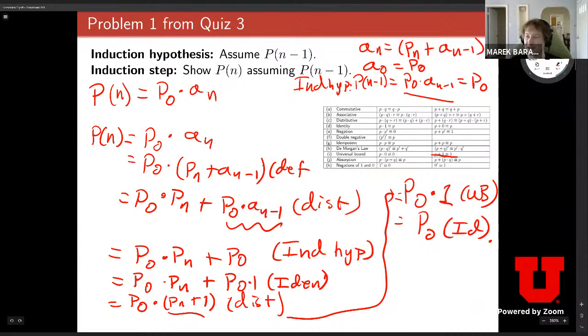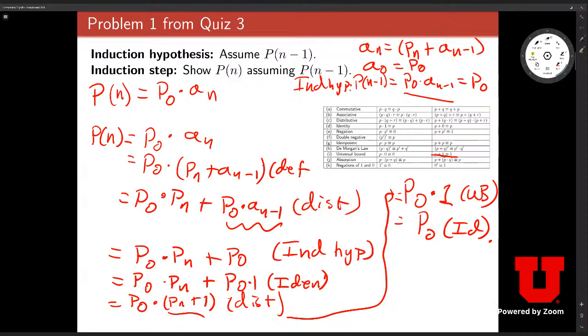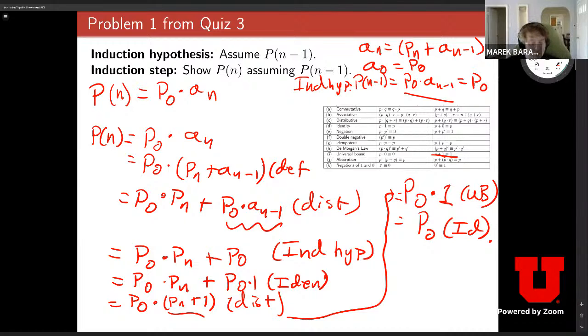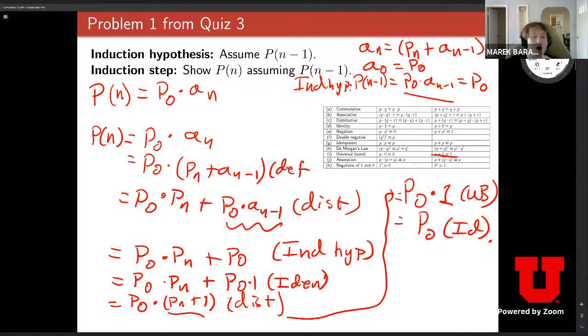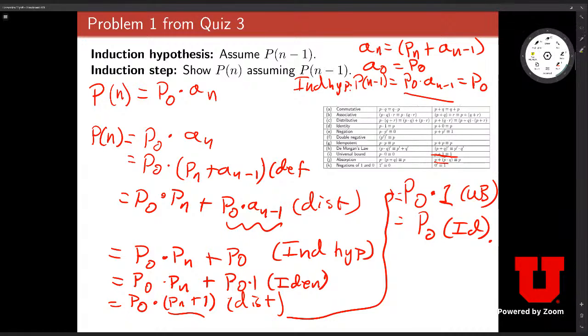Any questions on that? Just after the inductive hypothesis, can you just apply the absorption? Yeah, directly, like P plus PQ equals P. Oh, you're right, yeah.